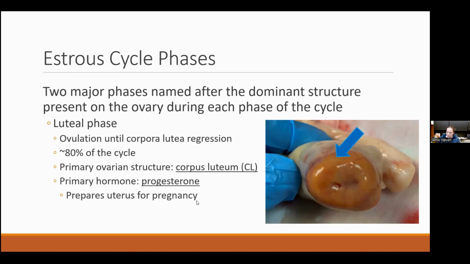If fertilization occurs, then in about 6 or 7 days that fertilized conceptus is going to enter the uterus, and it's going to need to find a place to implant itself. The progesterone is making the lining nice and thick so that the conceptus can implant and start signaling to the body that pregnancy needs to be maintained.